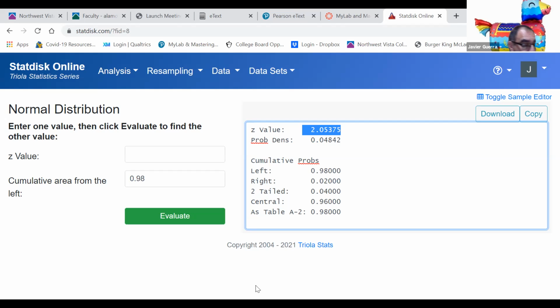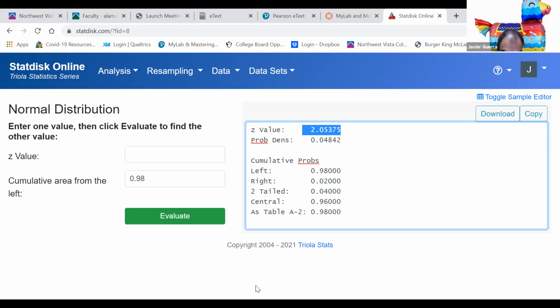Ain't that cool? Ain't that something? All right, so now you know that things are symmetrical.